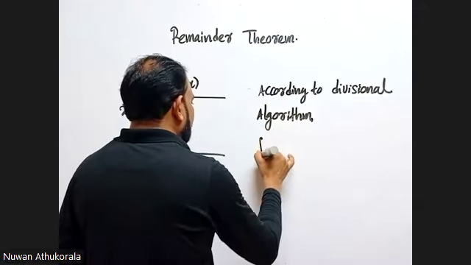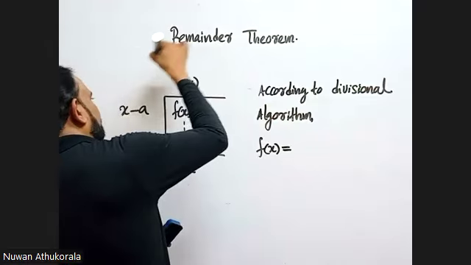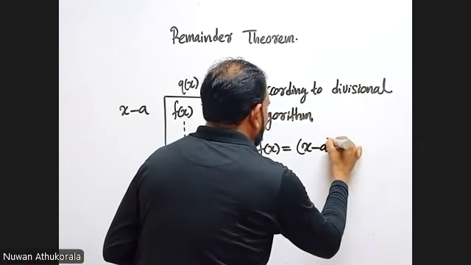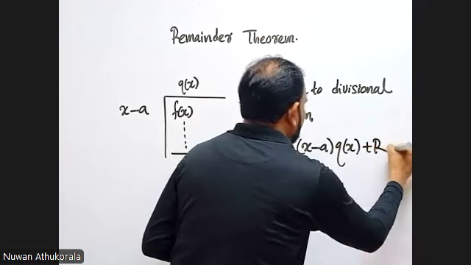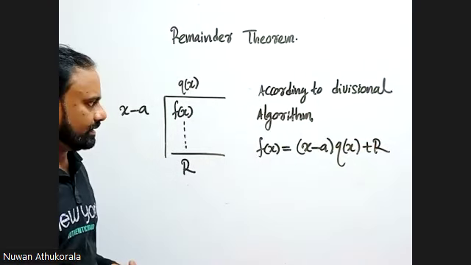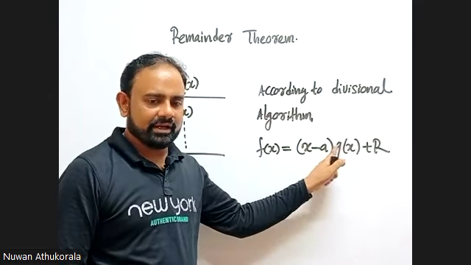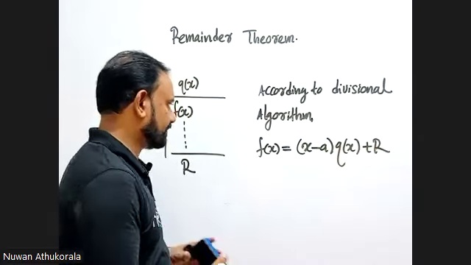The division algorithm is: dividend f(x) equals divisor times quotient, divisor x minus a, quotient q(x), plus remainder capital R. f(x) equals (x minus a) times q(x) plus remainder capital R.